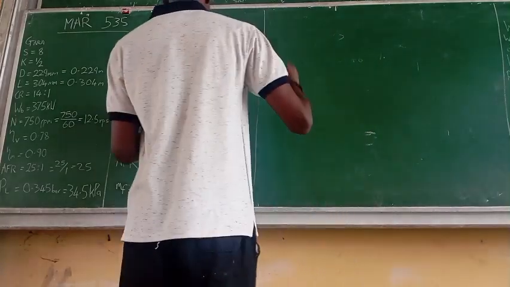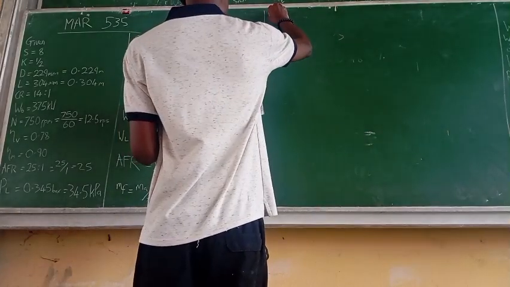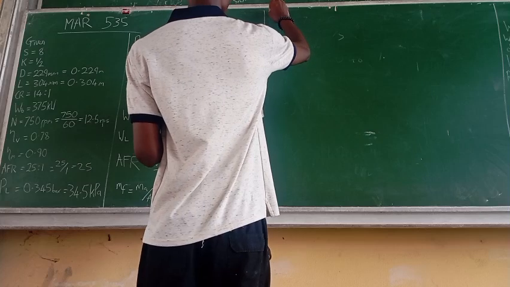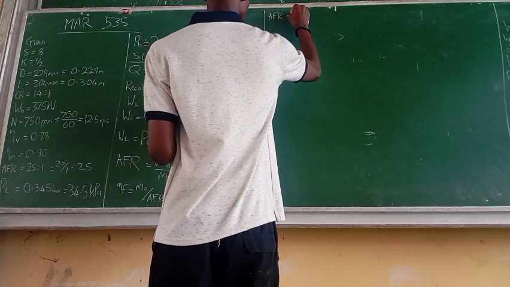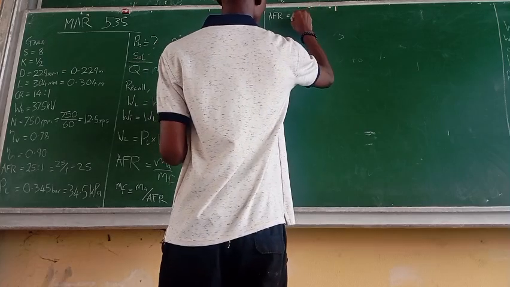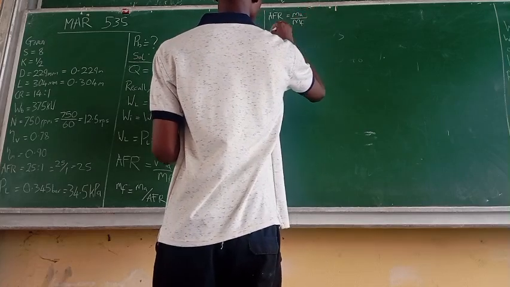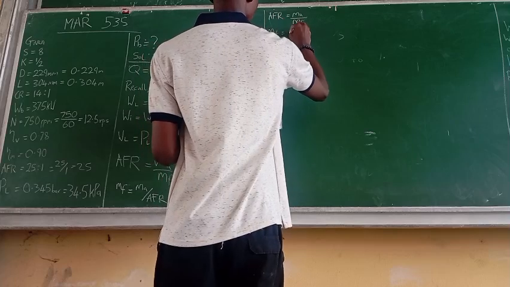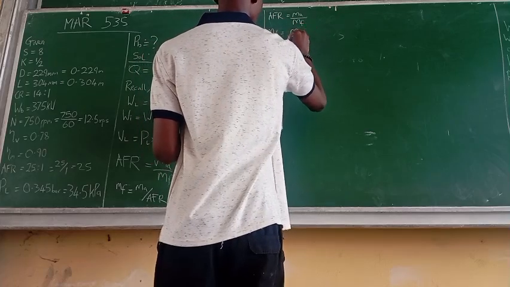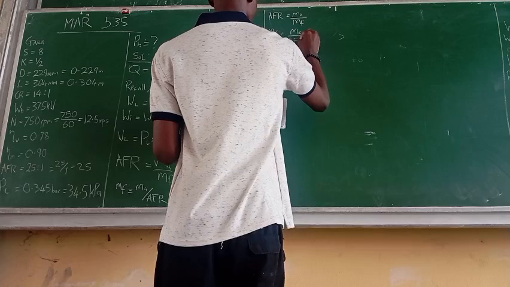Okay, so let's start. Let's look for our MF first. So we say air flow ratio is equal to MA over MF, right? MF is equal to MA over our air flow ratio.